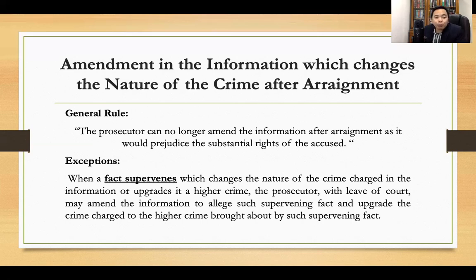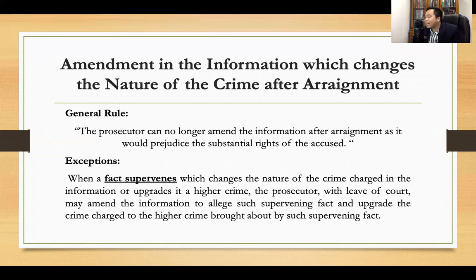When a supervening fact changes the nature of the crime charged in the information or upgrades it to a higher crime, then the prosecutor with leave of court may amend the information to allege the supervening fact and upgrade the crime charged to a higher crime brought about by such supervening fact.